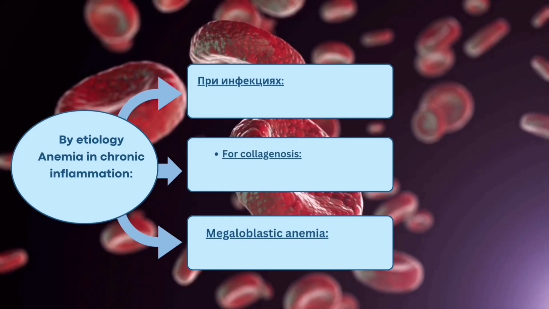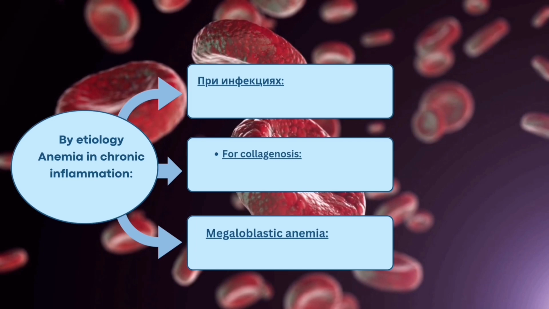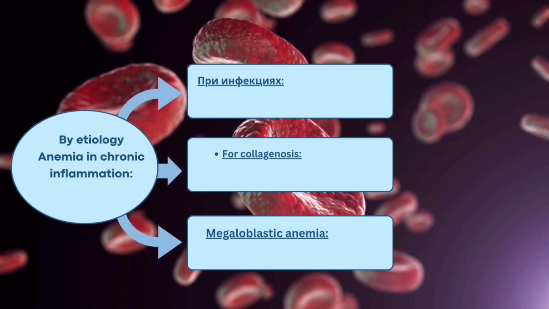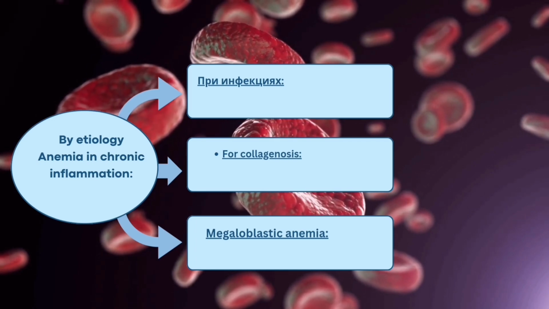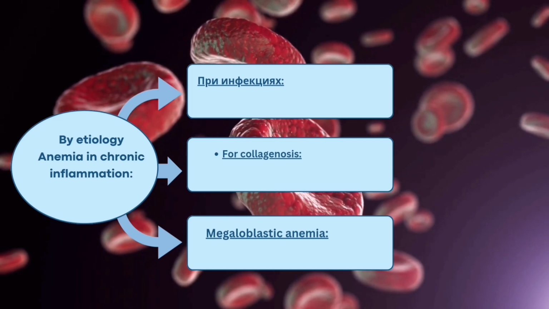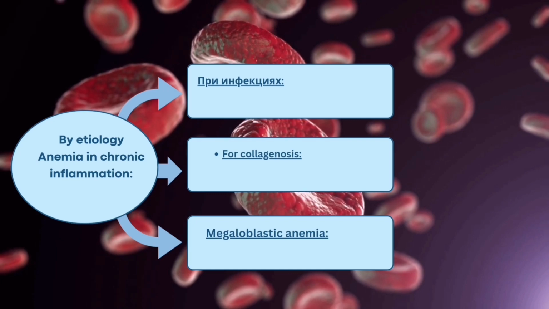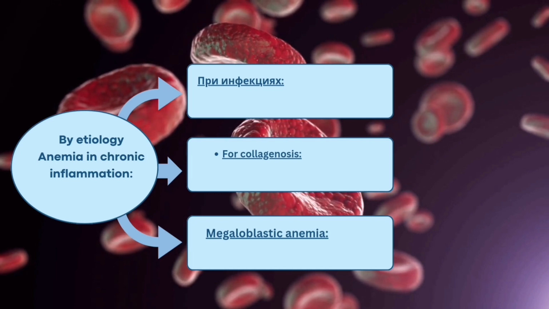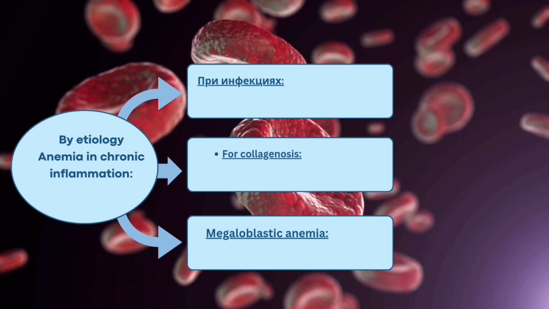And by etiology, anemia in chronic inflammation: we have anemia after infection, anemia after collagenosis, and megaloblastic anemia. This is by etiology, anemia in a chronic inflammation process in the body of the patient.